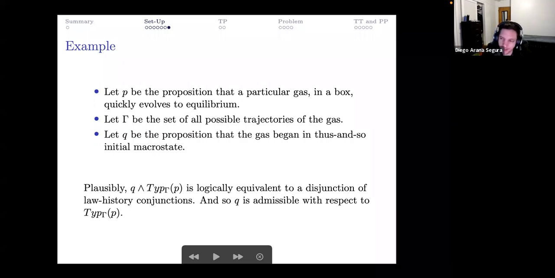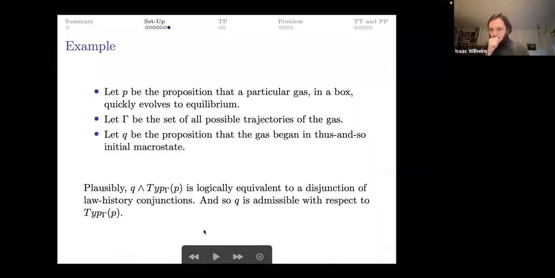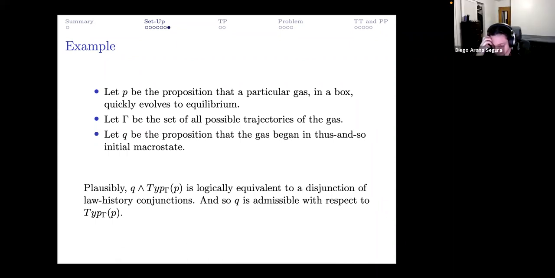I'm struggling to understand how the admissibility condition works to exclude propositions that shouldn't be admissible intuitively. Let's say we've got the coin example, and I take the disjunction of all histories in which the coin lands heads.